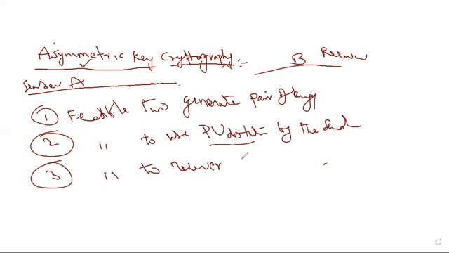So all these are feasible operations, right? What is the first feasible operation? Every user can easily generate key pairs.